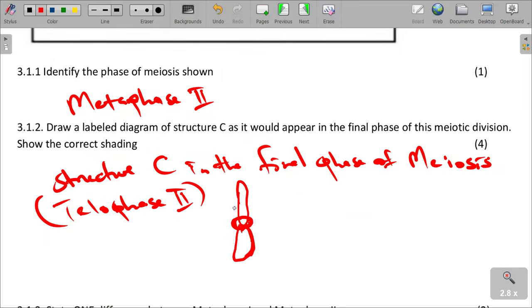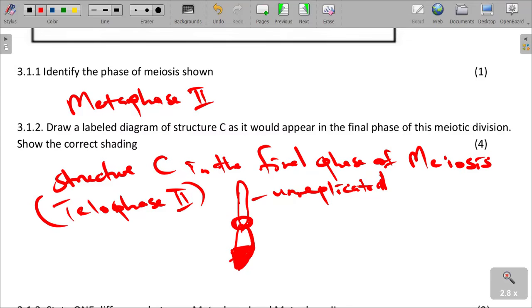So that we can say, we have got unreplicated, which we say is a chromosome, we are saying chromatid or daughter chromosome. It's unreplicated.